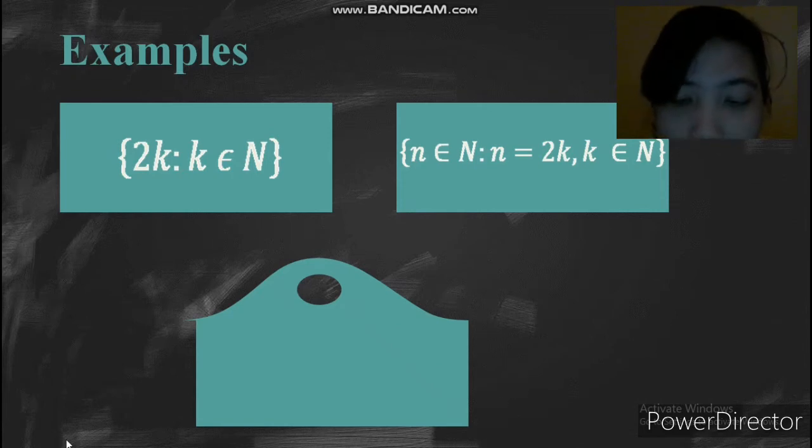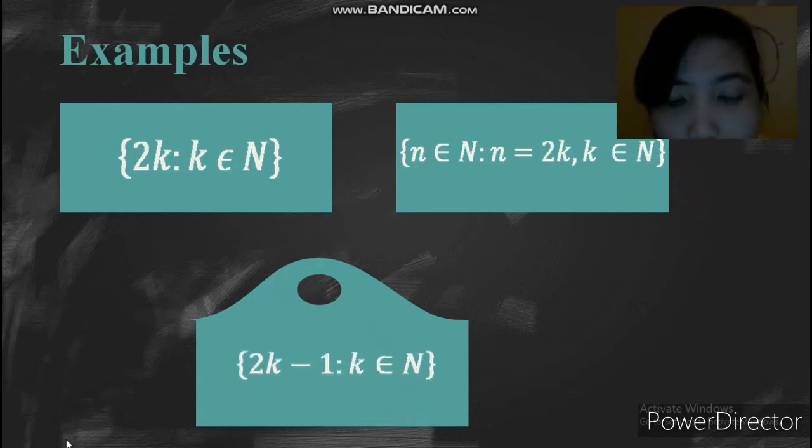Similarly, the set of odd natural numbers can be written {2k - 1 : k ∈ N}.